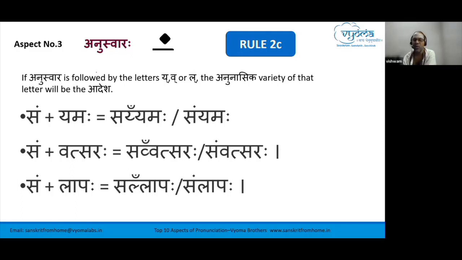Similarly, sam plus vatsaraha, Samvatsaraha, you can chant it that way, or Samvatsaraha. That is also correct. Similarly, sam plus lapaha, Sanlapaha or Samlapaha. Both are correct. As you go to the advanced classes, you will know more about these.